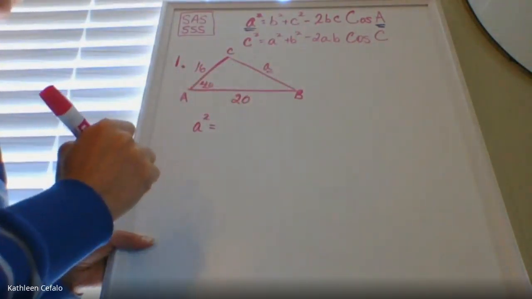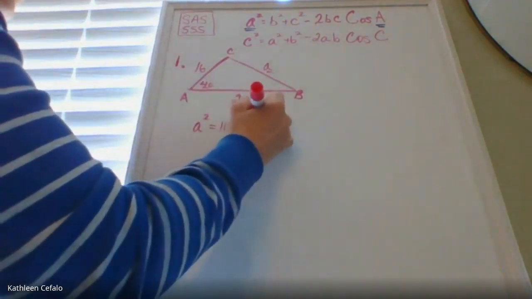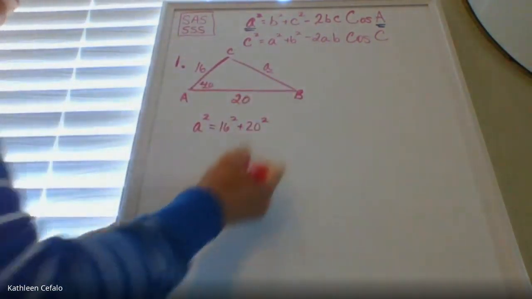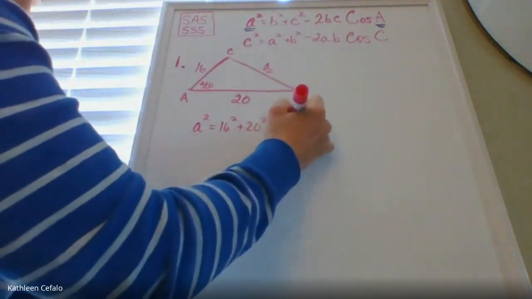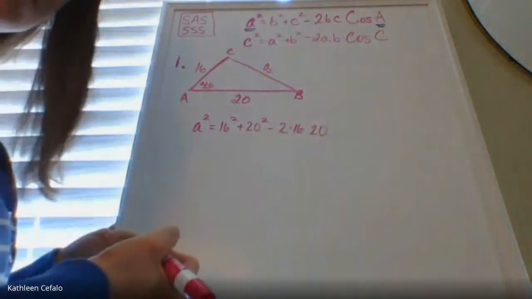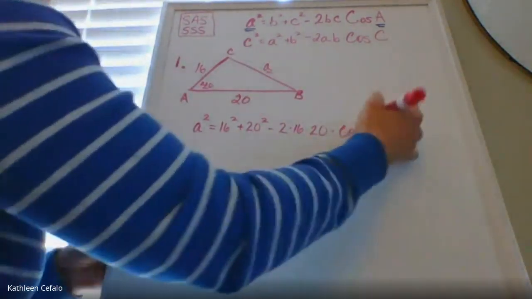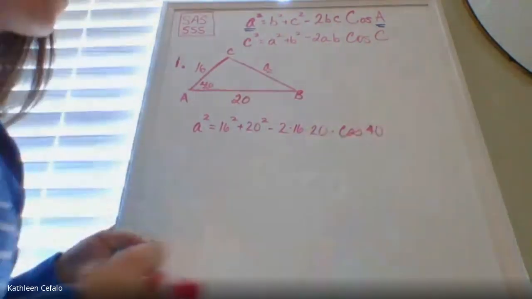Then I have b squared plus c squared, and then minus 2 times b times c times the cosine, remember bookends, of angle A.